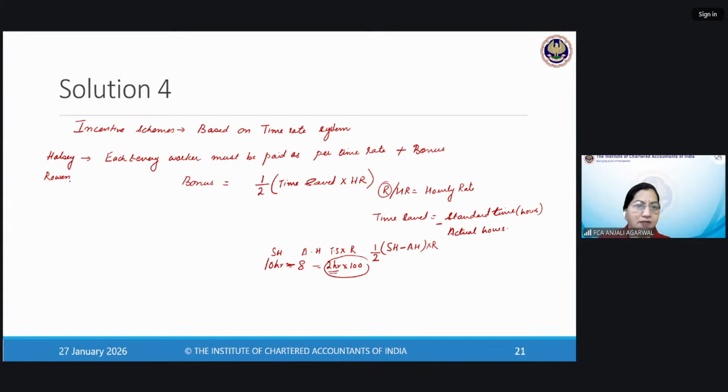Rowan also suggested on the same lines. However, he departed and suggested that the bonus should be calculated in proportion to the time saved divided by standard hours. And whatever the actual hours he has earned, the bonus rate should be applicable on that.